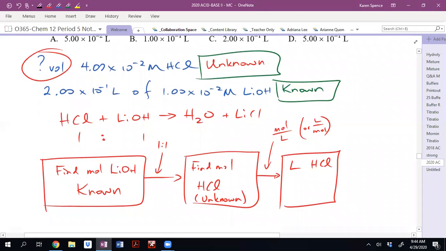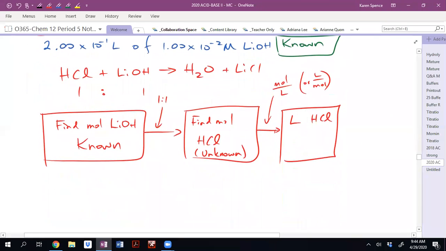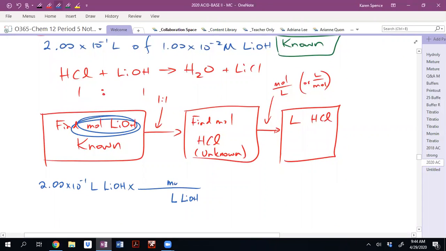So here we go. We have 2.00 times 10 to the negative 1 liters of LiOH. And we're going to want to find our moles of LiOH because to convert from one substance to another, you always need to find moles. So we need to cancel liters of LiOH and find moles LiOH.